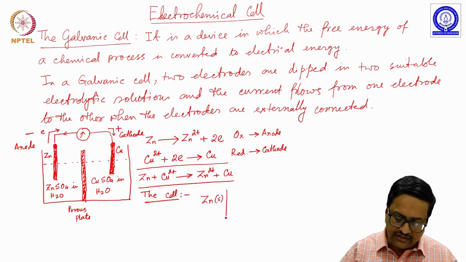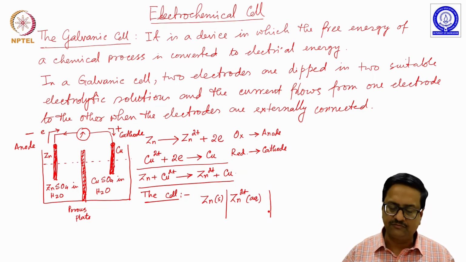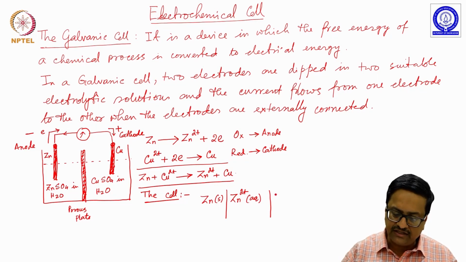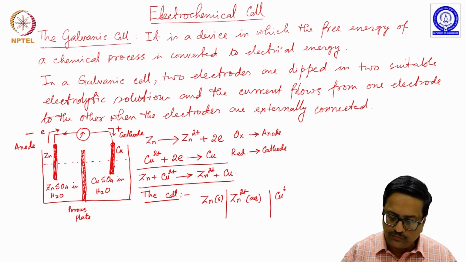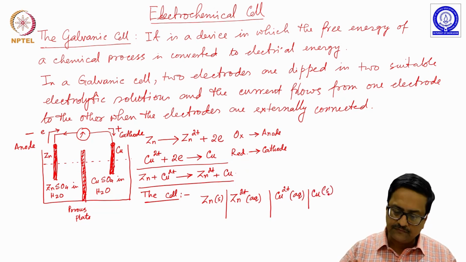This zinc solid is in equilibrium with Zn2+ in aqueous medium. Then you have a porous membrane or porous plate which is designated here as a vertical straight line. On the other side you have Cu2+ in aqueous medium and then Cu solid as the corresponding electrode.